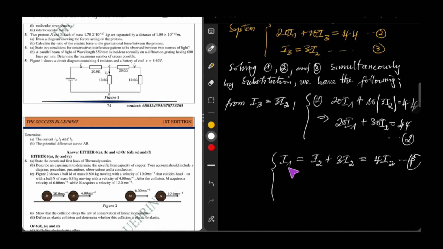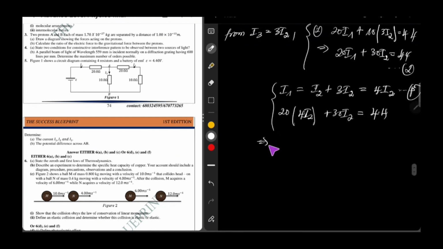So replacing I1 in 2, I'm going to have 20 into 4 I2 plus 30 I2 equal to 4.4, which finally reduces to 80 I2 plus 30 I2 equal to 4.4.